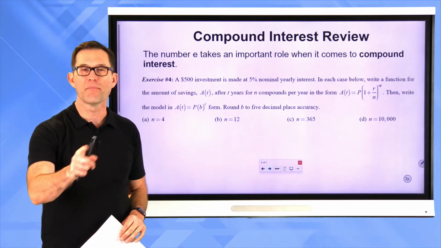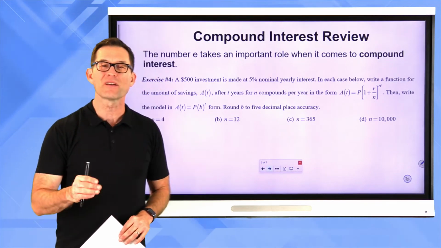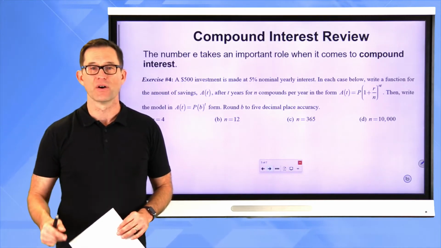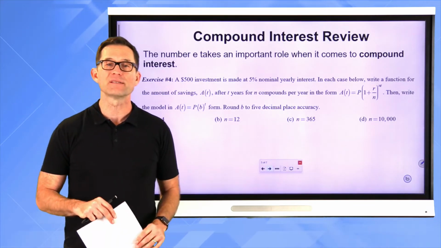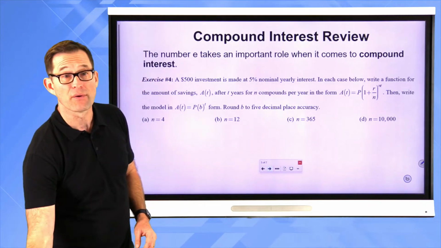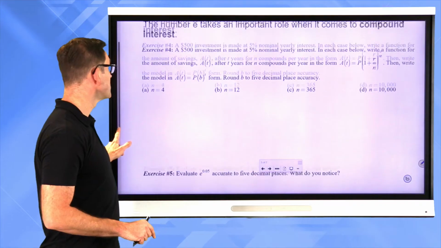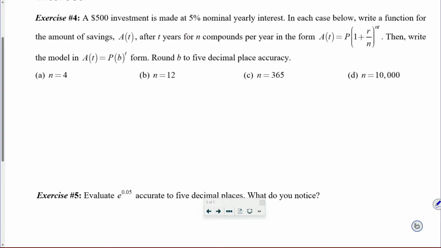Let's talk about compound interest, right? So we looked at compound interest in our last unit with exponential functions. Now the number e takes an important role when it comes to compound interest, all right? And let's see how that plays out in exercise number 4. A $500 investment is made at 5% nominal yearly interest.